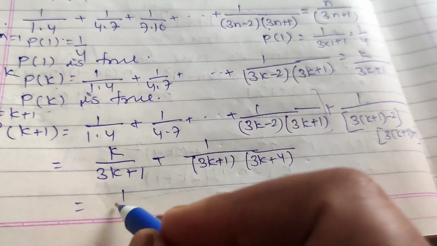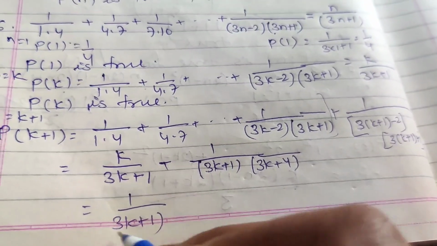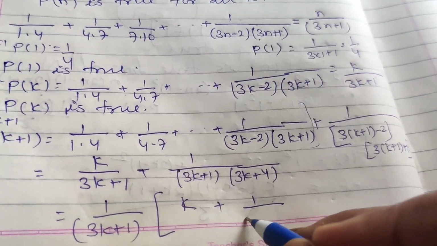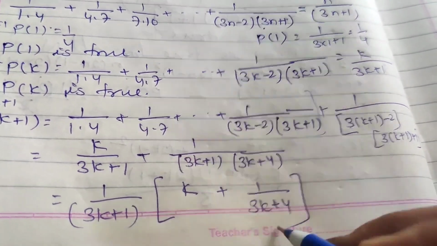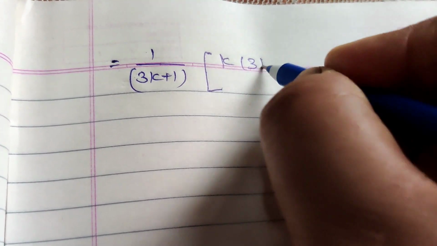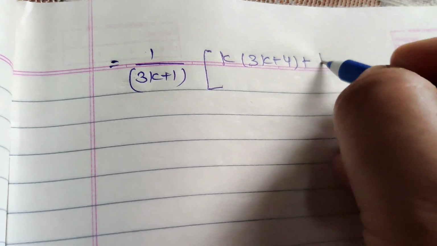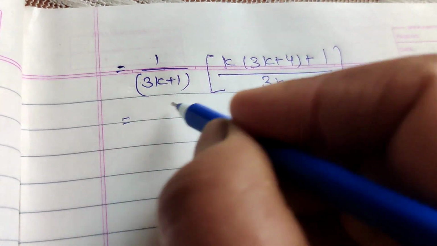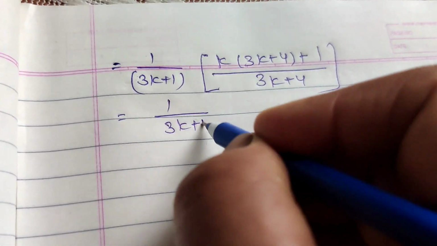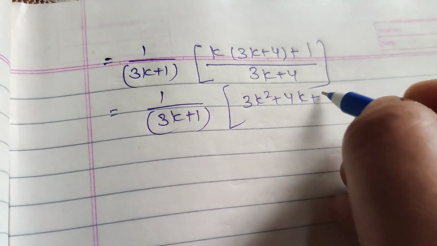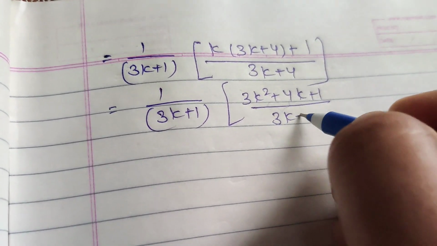Now take common 1 upon 3k plus 1, and the sum is k plus 1 upon 3k plus 4. Now solve: 1 upon 3k plus 1 times k into 3k plus 4 plus 1 by 3k plus 4. It is equal to 3k square plus 4k plus 1 by 3k plus 4.